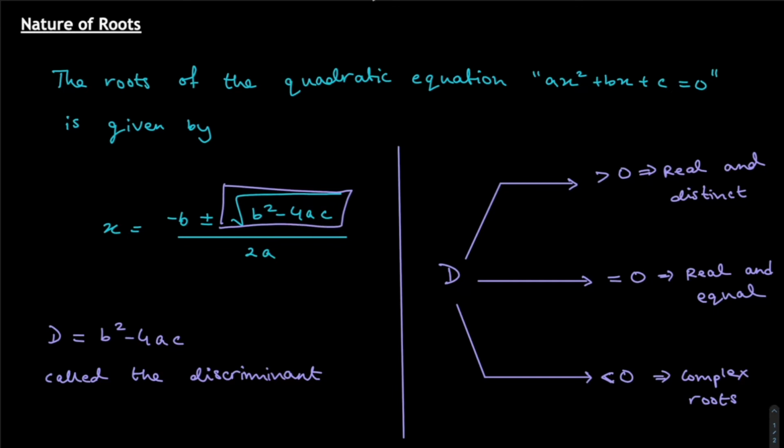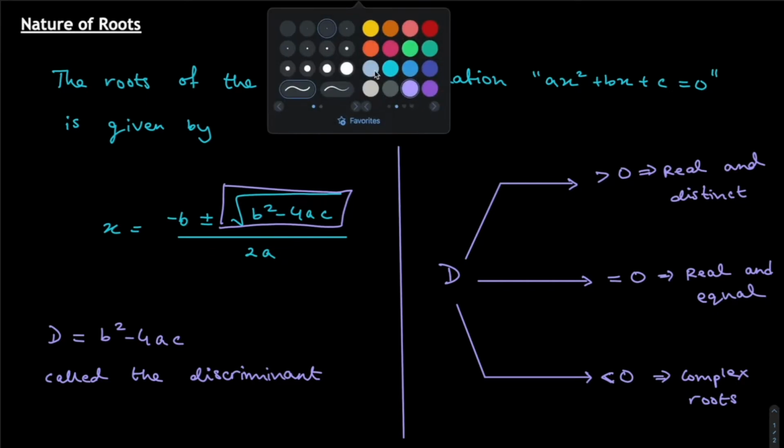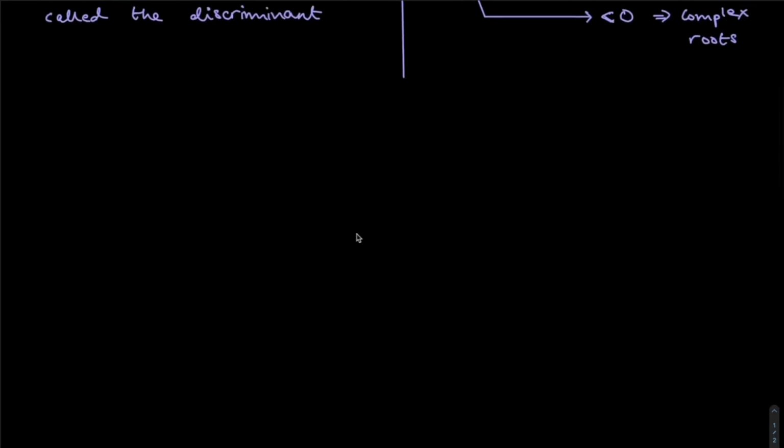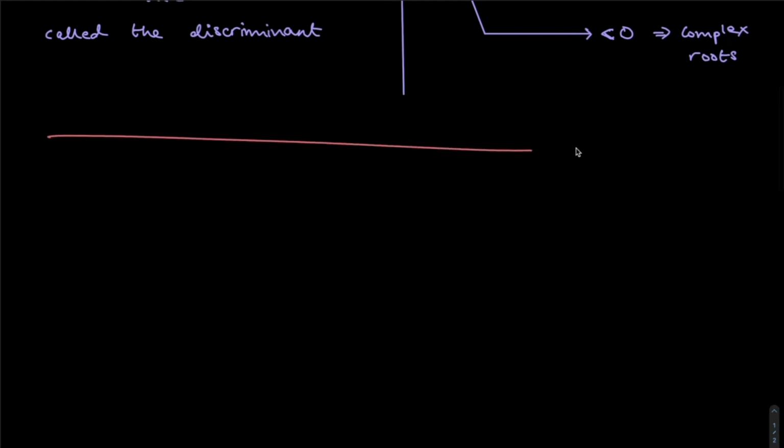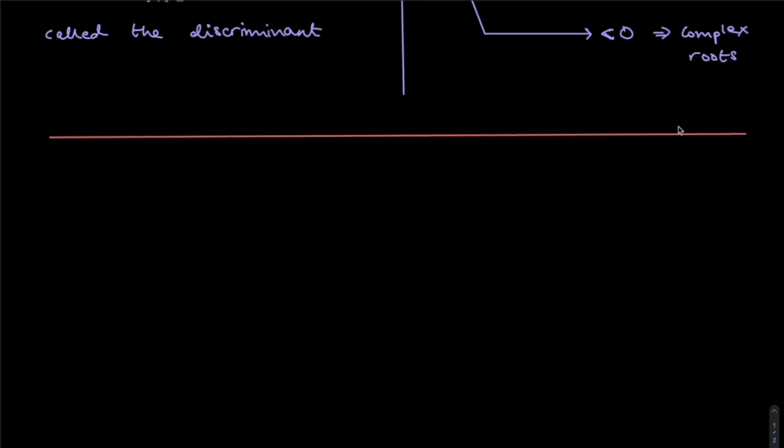Now if I have to explain this with a very simple example, I'll change my color and put an example right here. I'll draw a line separating everything. My example is x squared plus 2x plus 2 is equal to 0.